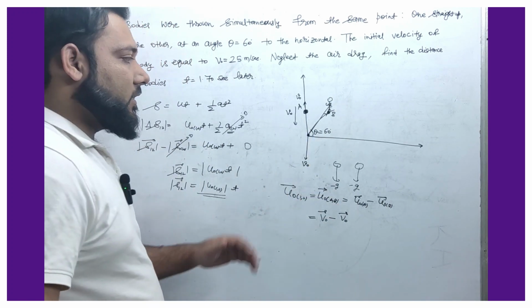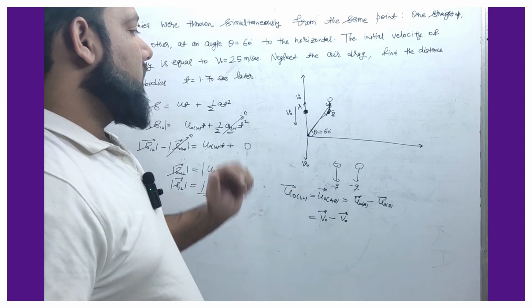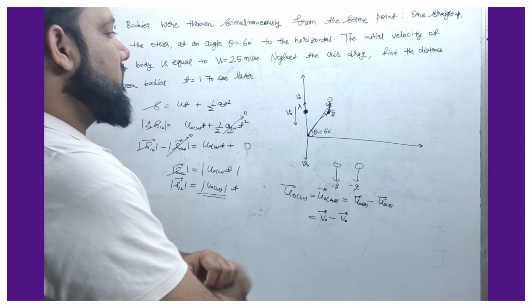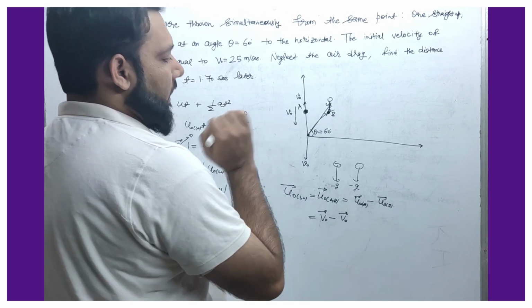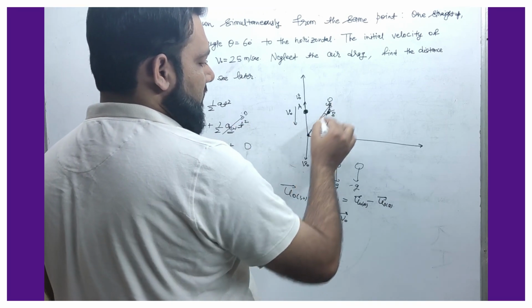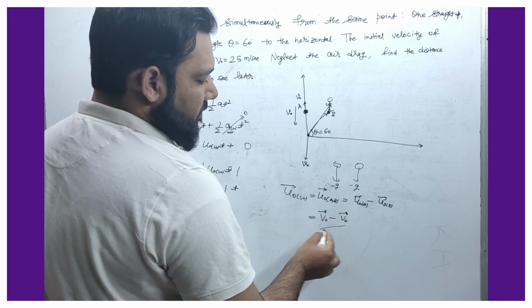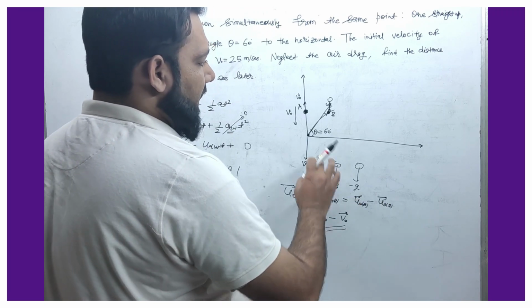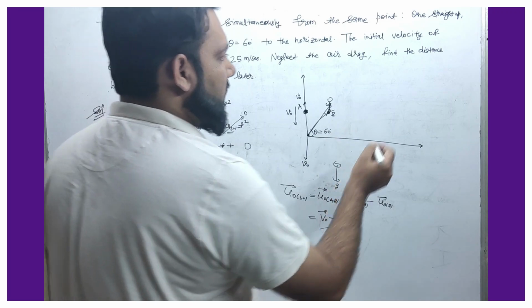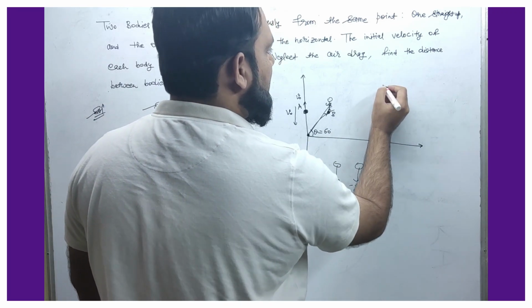We have already discussed earlier that we have to give the negative velocity to the body A. So this is the final expression, and the vector diagram is in this way. Here we can separate.